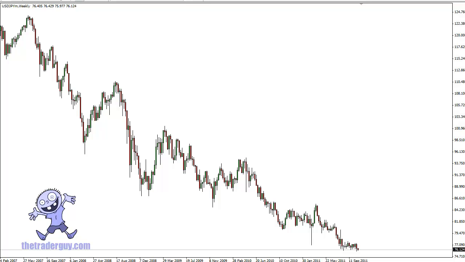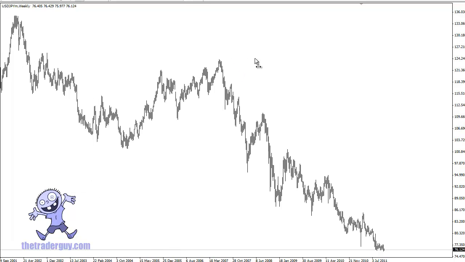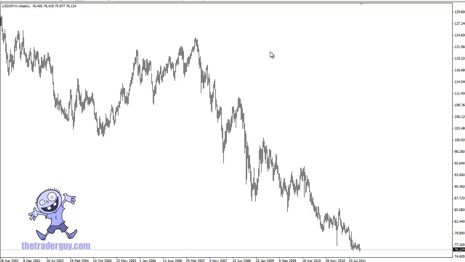Now, there are going to be times when the trend will alternate a little bit based upon what you're looking at that particular time.